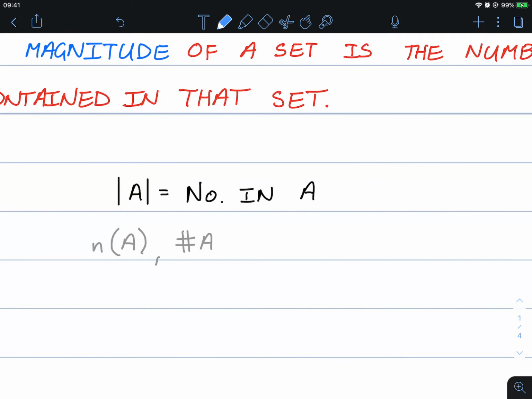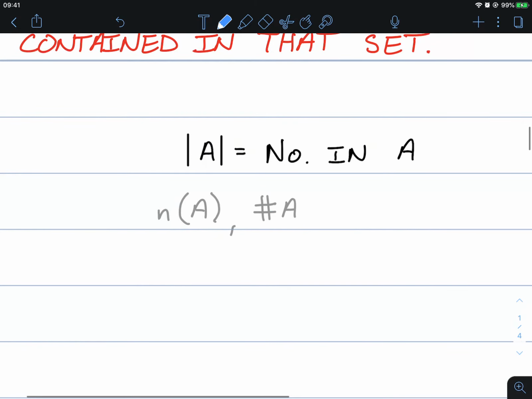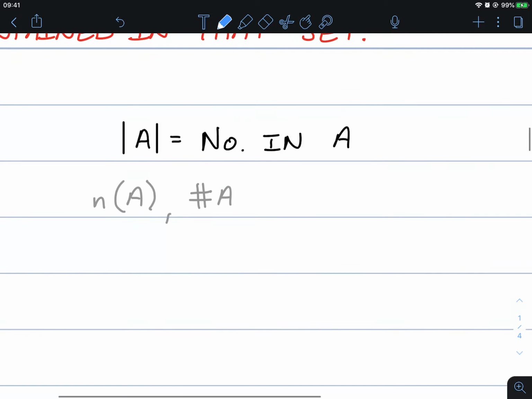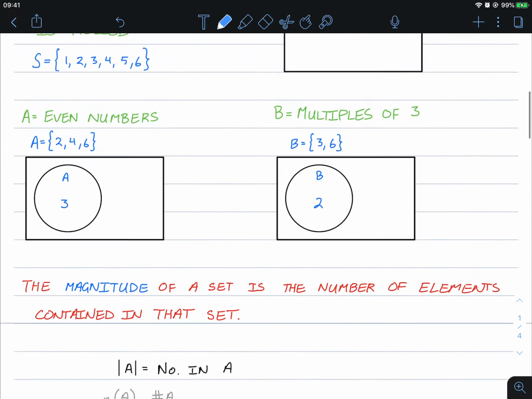It kind of looks like that, but vertical lines with the set letter inside of it is just the number of things inside of A. You might also see it in this notation, n bracket A, so the number of A, or this one here, which in modern vernacular we call the hashtag. It's really the pound key or hash. It's just hash A.